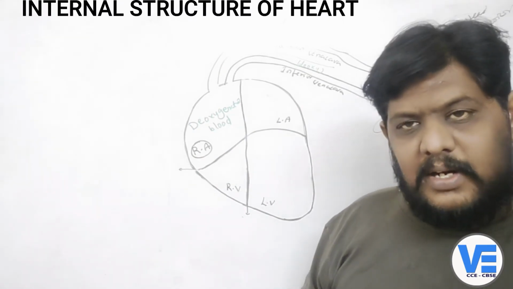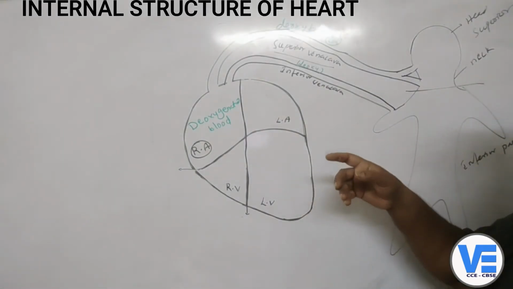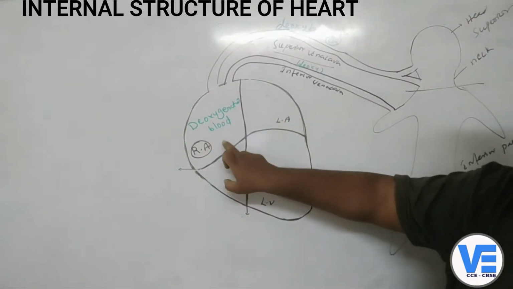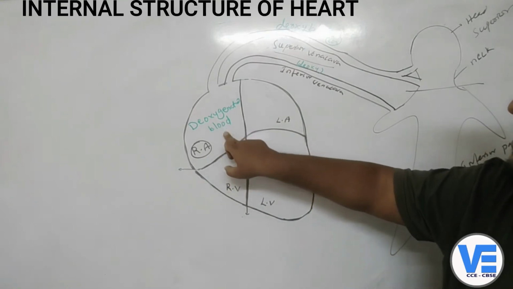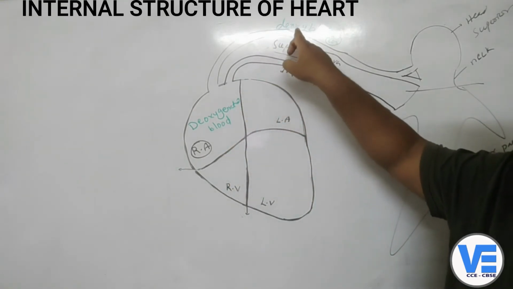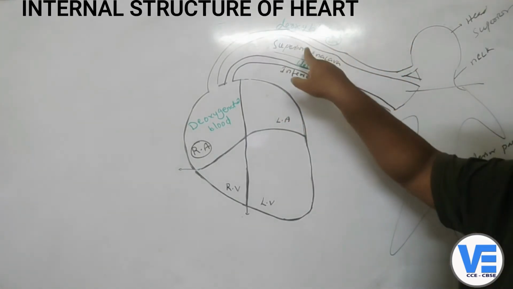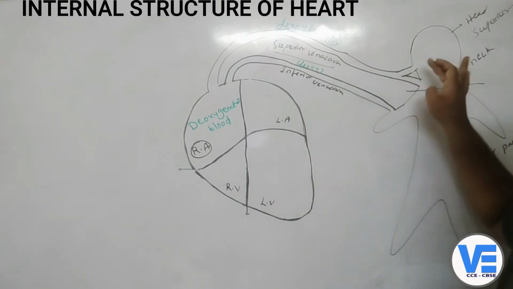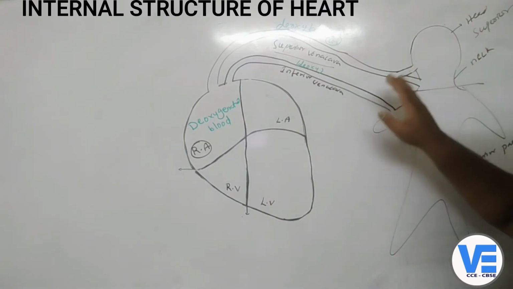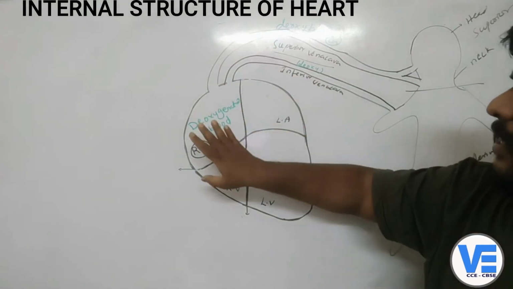Okay, that's the reason why they are called vena cava. They are bringing the blood to the right auricle. So what is the right auricle receiving? It is receiving the deoxygenated blood from all parts of the body. Superior vena cava is bringing the deoxygenated blood from the head and neck, and from the rest of the body, inferior vena cava is bringing the deoxygenated blood to the right auricle.